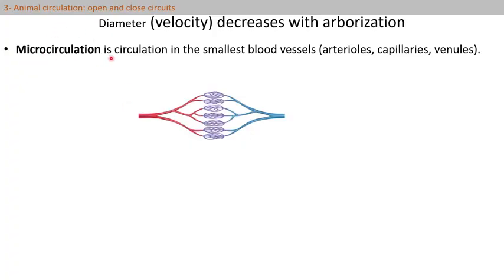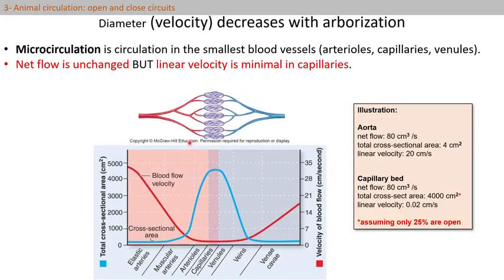So microcirculation is circulation in the smallest blood vessels. So around here, the capillaries, if you want. So of course, at different levels of the circuit, the net flow, the entire flow, is unchanged, right? If there's a flow here, there's the same flow here, and there's the same flow here.